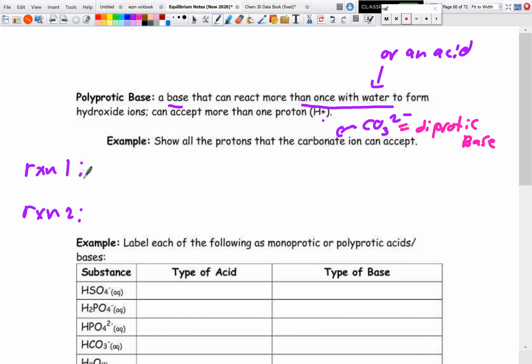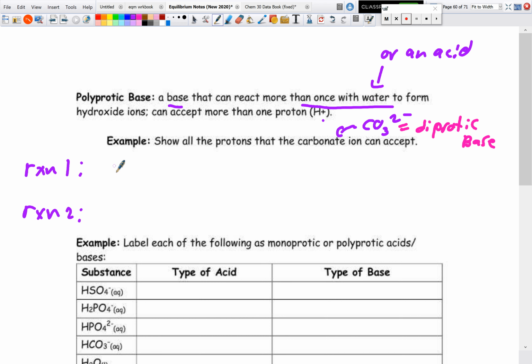Now I know up here in the definition I have react with water, but I'm going to have it react with hydronium in this case, because we're going to assume the same thing. We want to react it with a strong acid so that we know it's going to completely take the hydrogen ion that's there.